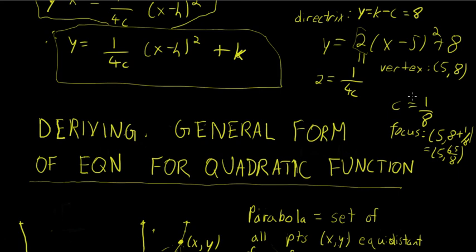And c is 1/8. So 8 minus 1/8 is going to be 63 over 8.